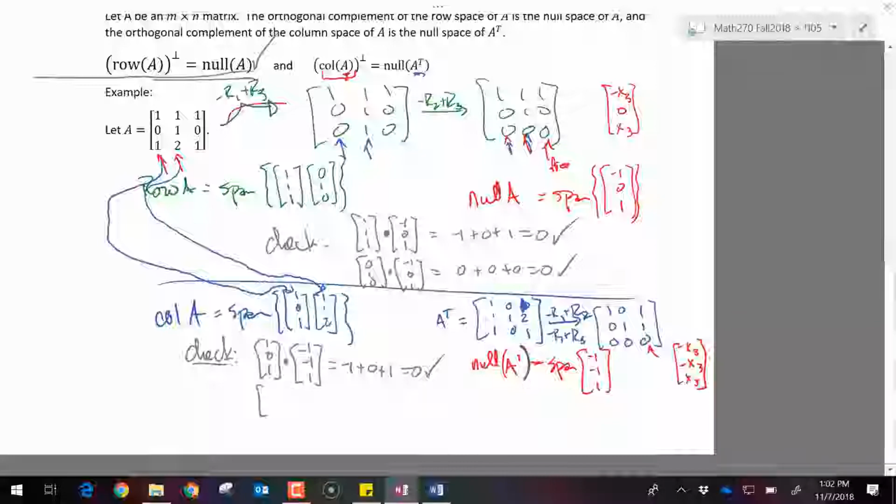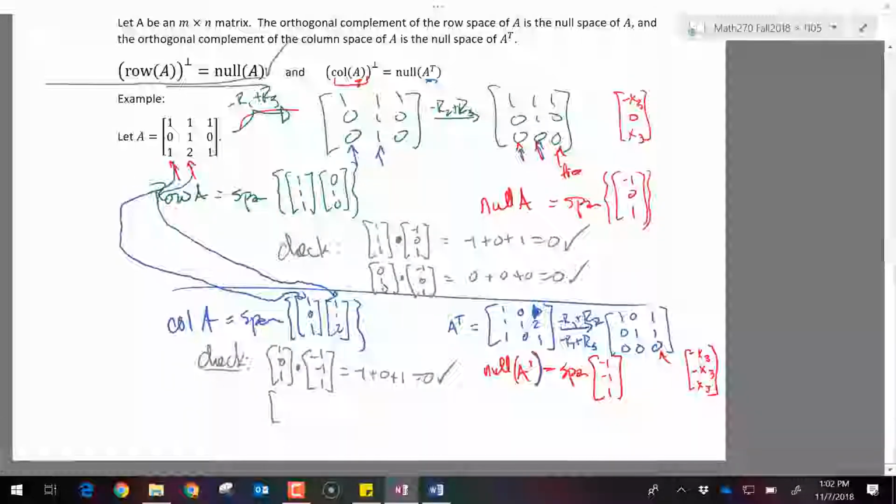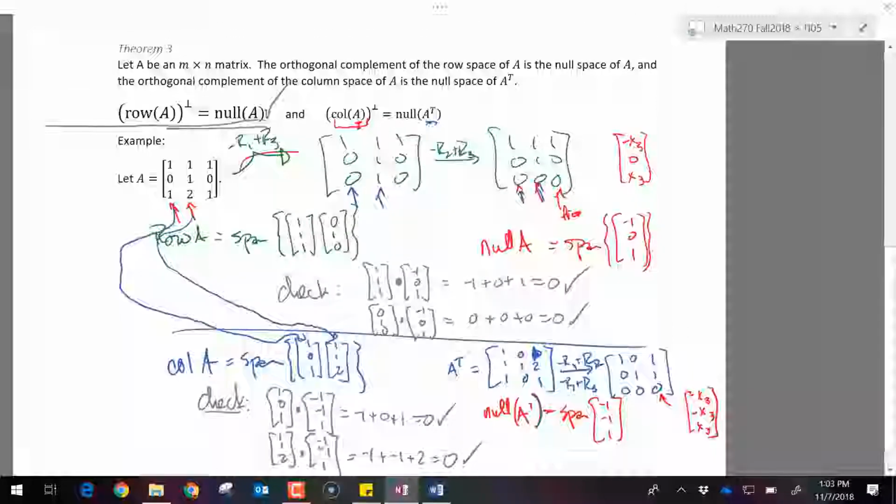And then your second basis vector, 1, 1, 2, dotted with -1, -1, 1 gives me -1 plus -1 plus 2, which is also equal to 0. So this is not a proof, but this is a way to check that this theorem is actually true.